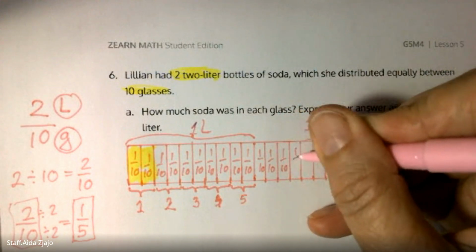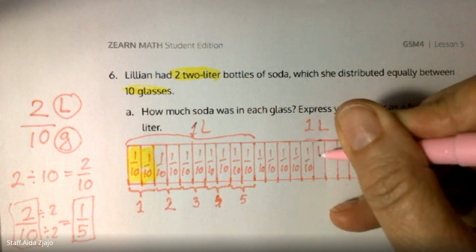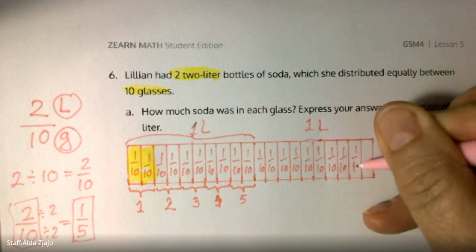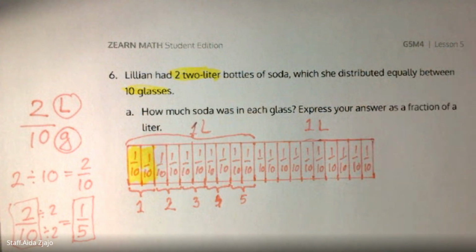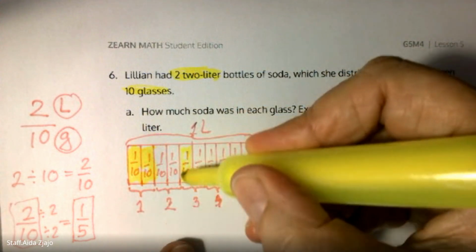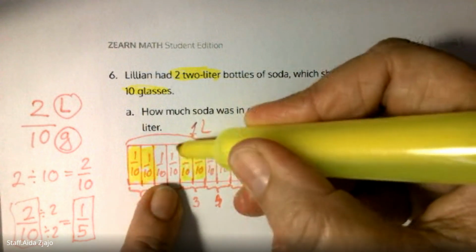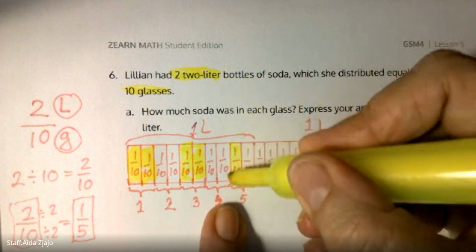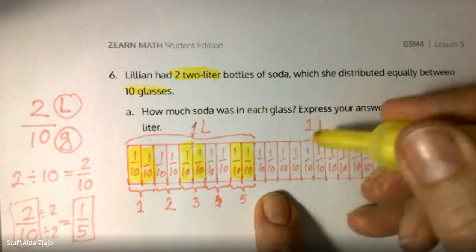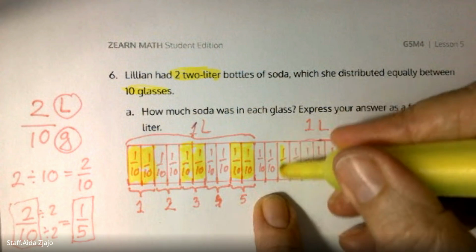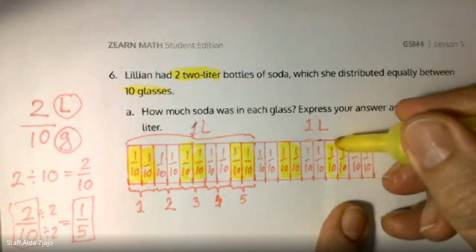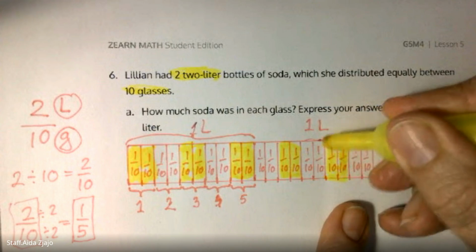It's important that you show labeling, because if people don't understand, with their visual spatial intelligence they can learn from your picture right away. So here is 1, and then again I'll skip, coloring every 2, and then again from the new bottle, these 2 will be 1 cup, and then these 2, and then the last 2 will make 1 cup.